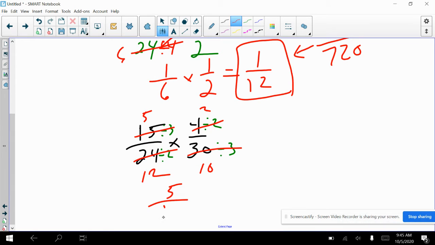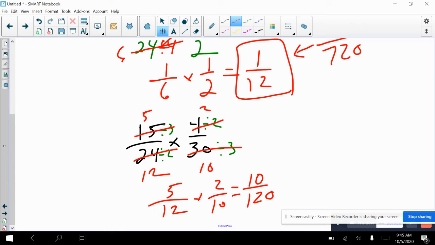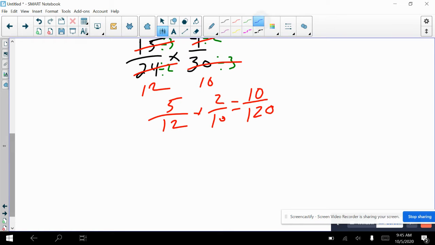So now we have 5 over 12 times 2 over 10. We get 10 over 120. Right? Yeah, correct. We got to simplify, right? And then we got to divide by 10. And here we would then finally arrive at our 1/12.